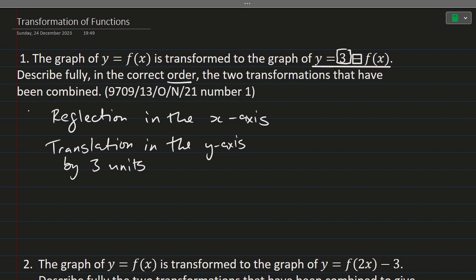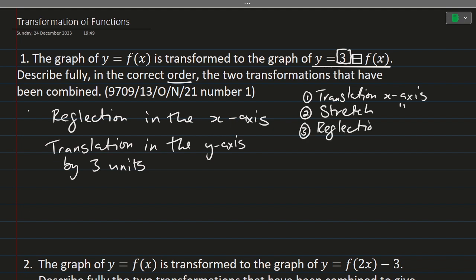So if you don't know the order in which transformations are applied, number 1 is always translation in x direction. Number 2 is stretch also in the x direction. Then number 3 is a reflection in the y direction.